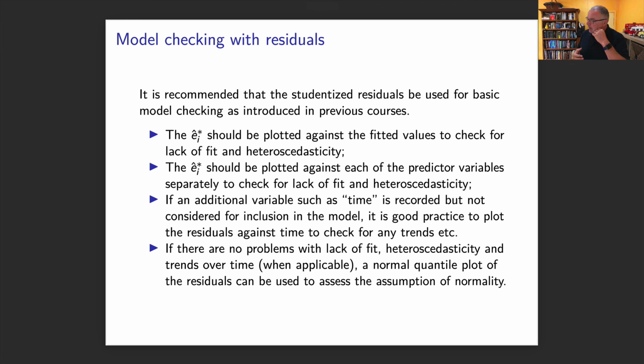As I said last time, things that can cause dependence are clustering, time and space. So if you have something like time, plot it against that. If you've done all your residual versus fitted, residual versus predictor, residual versus time, and it's all looking good, then you can do a normal quantile plot of your residuals.